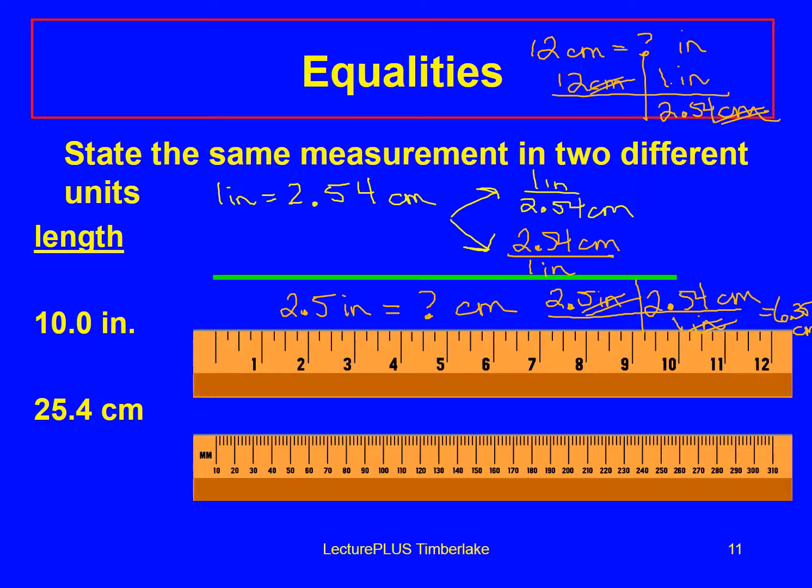Now you would multiply across the top. You get 12 times 1, which is 12, and then divide by anything on the bottom. So 12 divided by 2.54 is going to give us 4.7 or so. Again, I can't write over here, so I'm going to just include the units down the bottom. That is 4.7 inches. Hopefully you're getting a little bit more familiar with this.